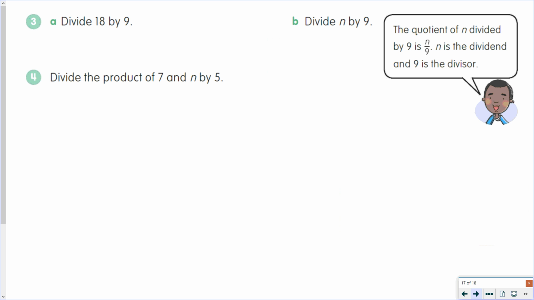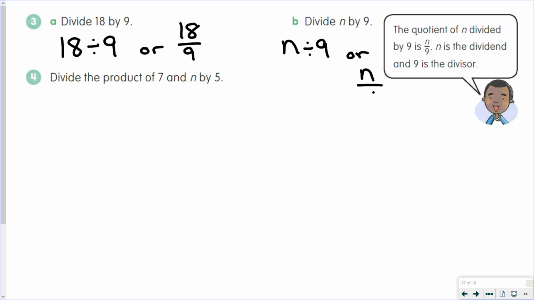So if we want to divide 18 by 9, we have 18 divided by 9, or you could write it as 18 over 9. Divide n by 9 would be n divided by 9, or n over 9. Divide the product of 7 and n by 5.